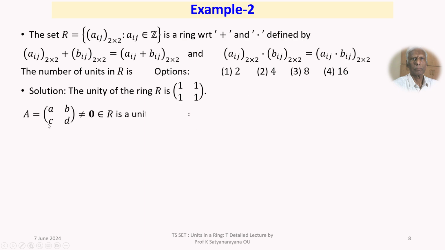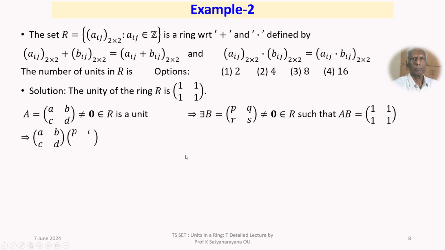Right. Now, let us say A, B, C, D, not a zero matrix, belonging to R, is a unit. What do you mean by that? There exists a 2 by 2 matrix P, Q, R, S, coming from R, which is a non-zero matrix, such that the product is equal to 1, 1, 1, 1, the unity element.